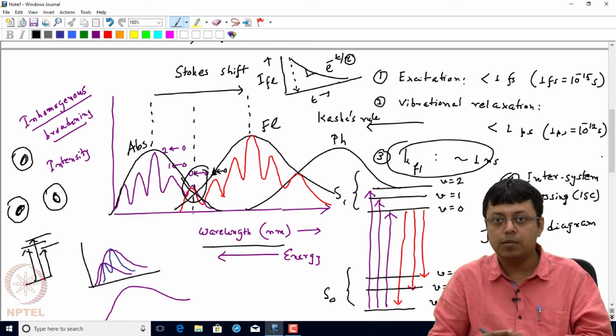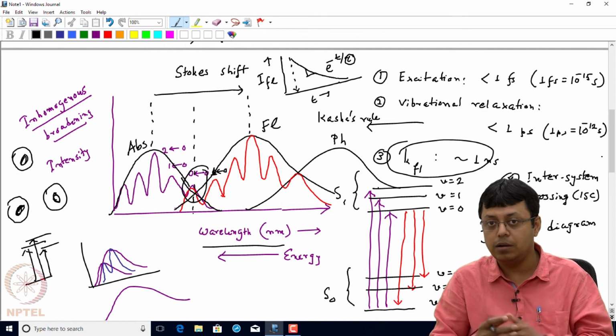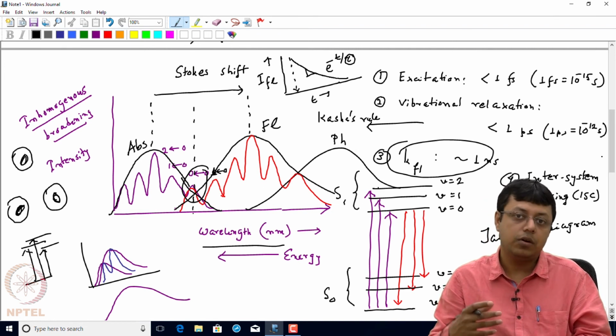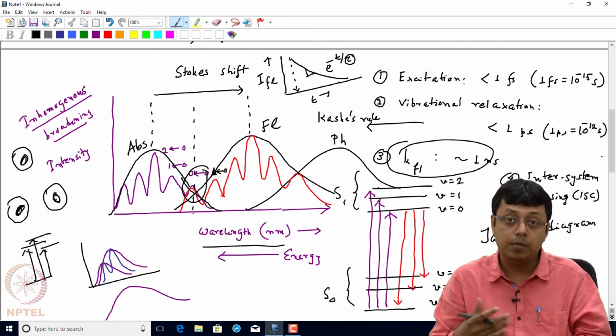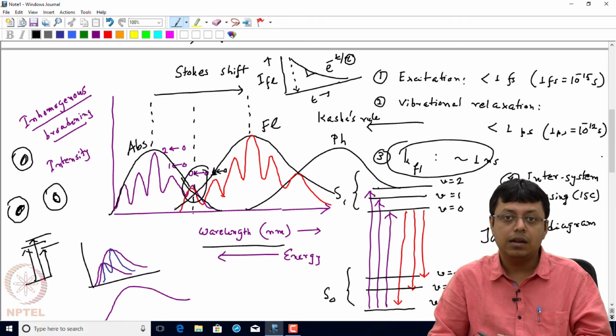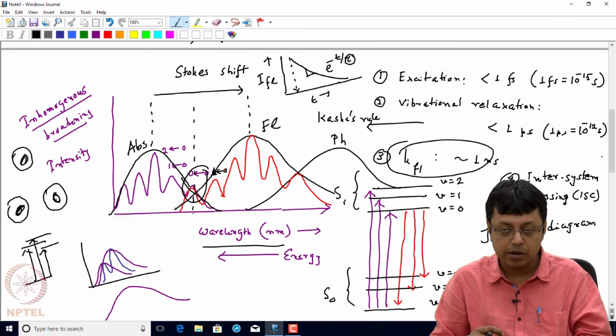But we'll be talking not about photosynthesis or the vision chemistry. We'll be talking about the photochemistry of the atmosphere, like what happens when atmospheric molecules absorb light, what their interesting rates are, what the photochemical rate constants are, and particularly the ozone chemistry, how the ozone layer protects us from harmful ultraviolet radiation.